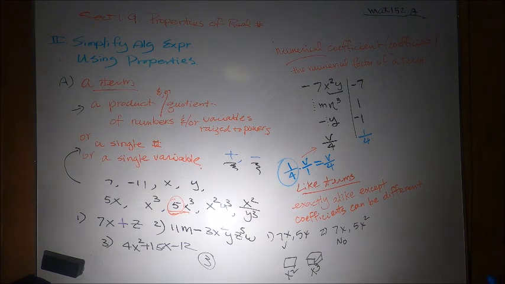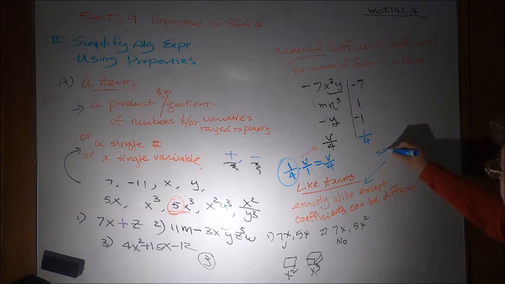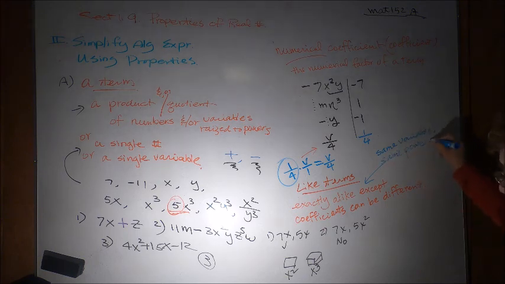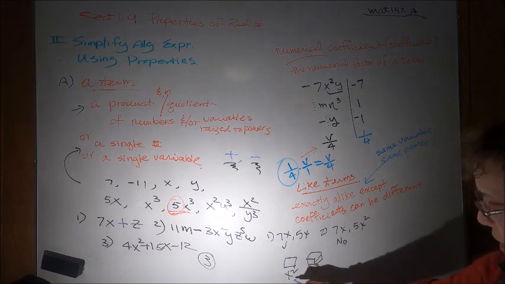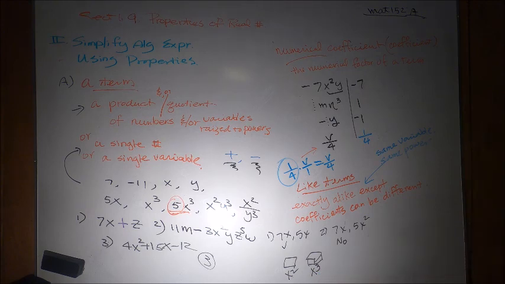Not really. So like terms are what? You will have the same variable and what? The same power. You have to have the same power. This is power 1, right? This is multiplied twice. Square and cube are different things.